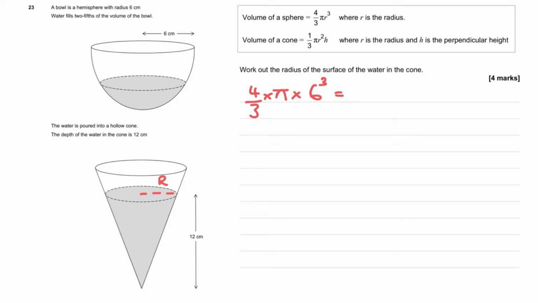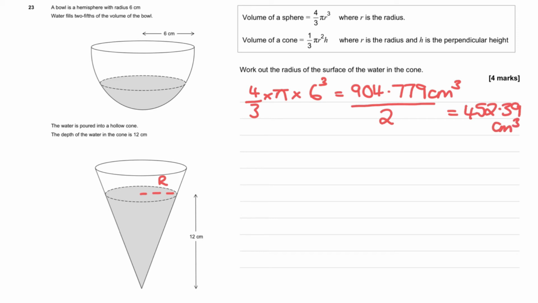If we put that into our calculators, that gives us 904.779 centimetres cubed. So that's the volume of the whole sphere, but we've only got a hemisphere here, so the first thing we need to do is divide that by 2 to give us 452.39 centimetres cubed.